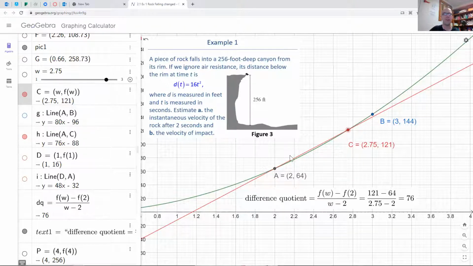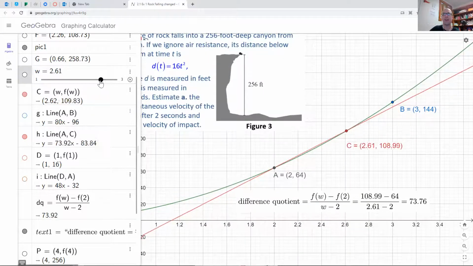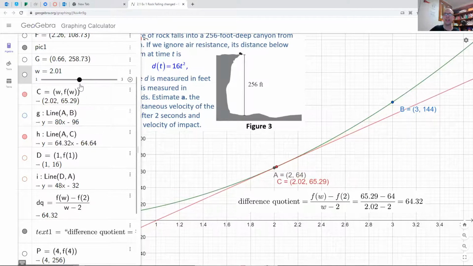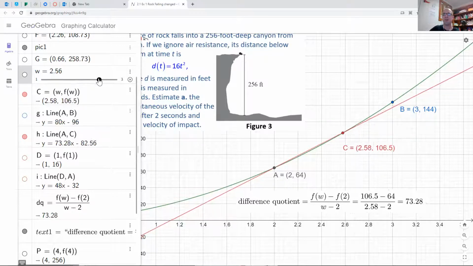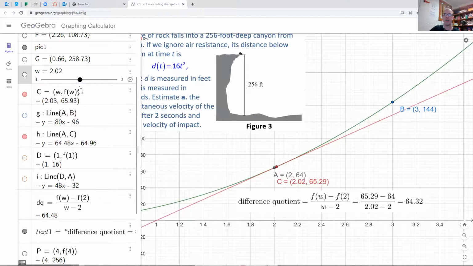We're going to get better and better estimates for the actual slope here at A by getting C closer and closer to A. And this is actually the limiting process that I was talking about. Limiting means that you're just approaching a certain value over time in terms of the x direction. So we would say that x is approaching 2.